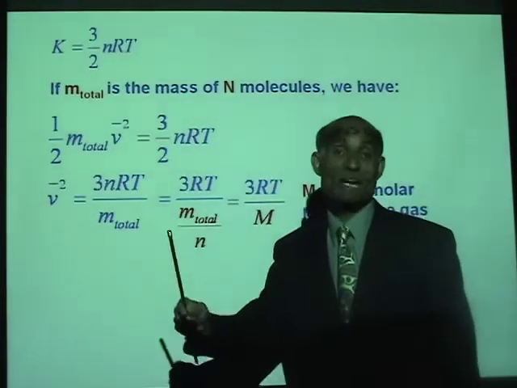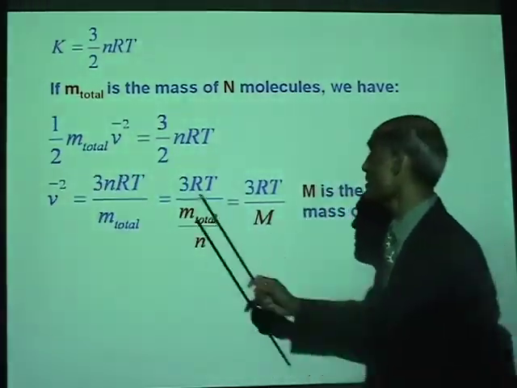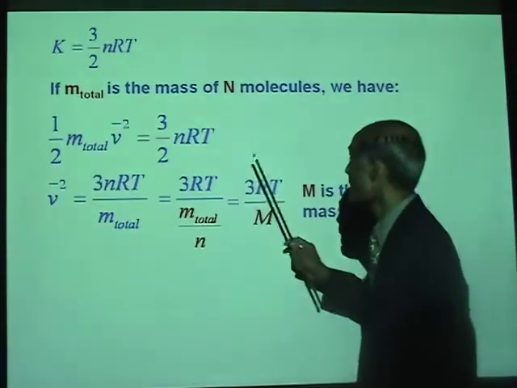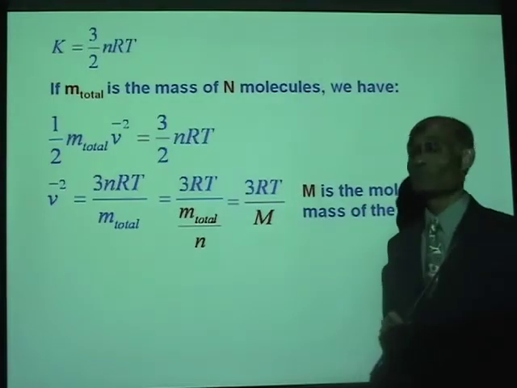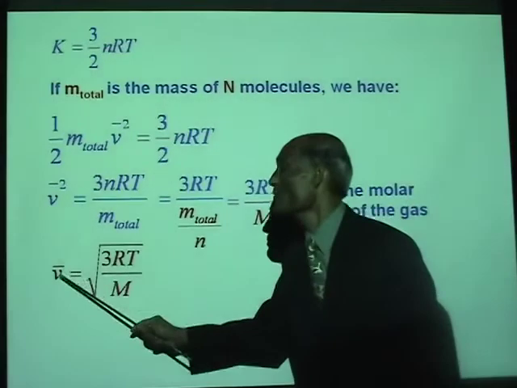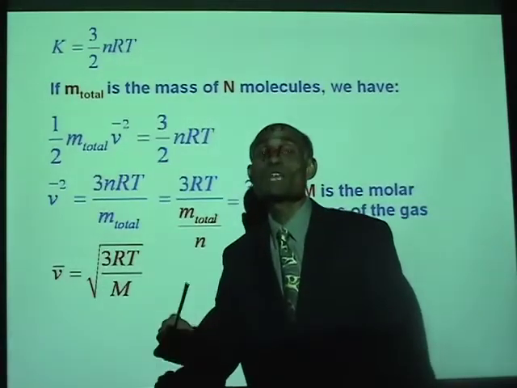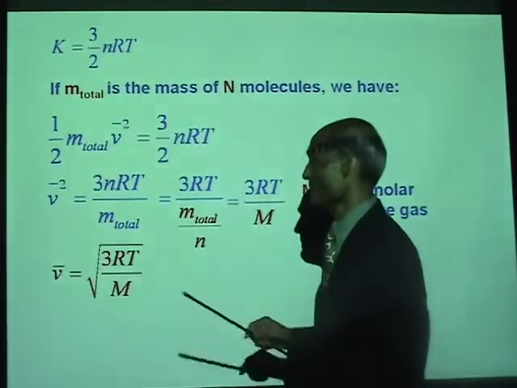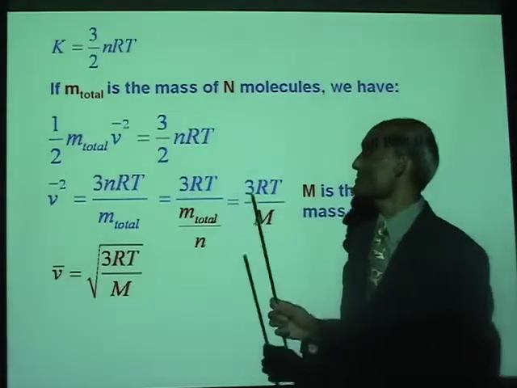And you know the molar mass of any gas can be obtained from the periodic chart. And so, look at this, v bar squared equals 3 RT over M, the molar mass. Therefore v bar, what do you call this v bar? The root mean square velocity, equal to the square root of 3 RT over M.